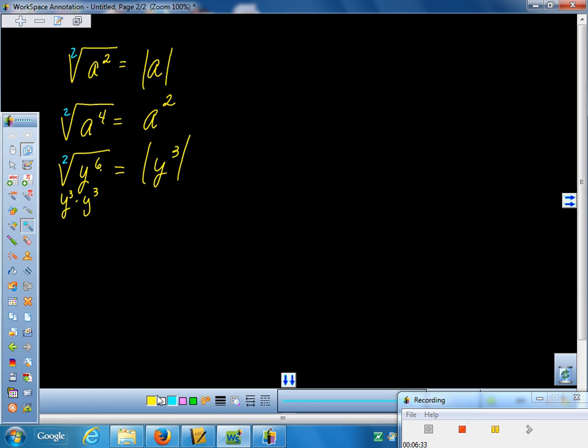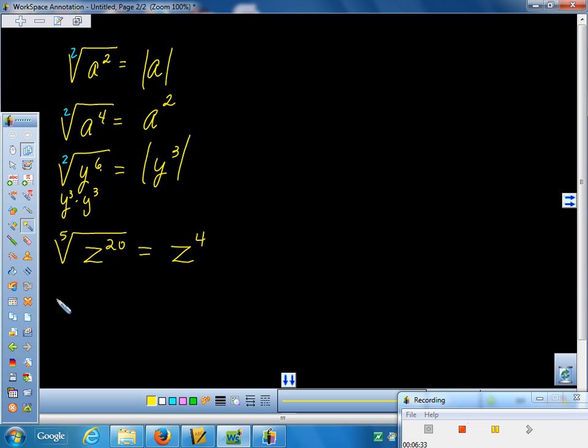So if I go crazy on you and give you z to the 20th in a 5th root, 5 divided into 20 goes in there 4 times. Do I need an absolute value? Why? It's an even power, so I don't need it.